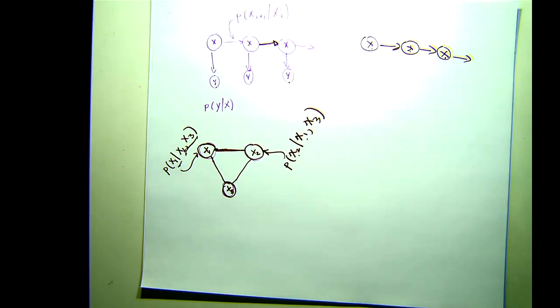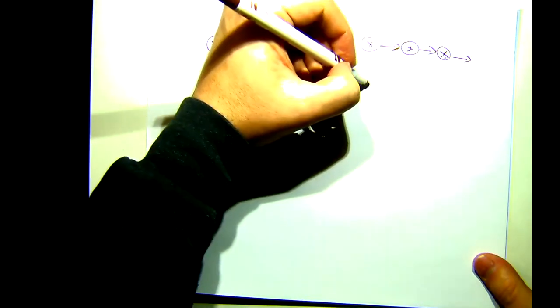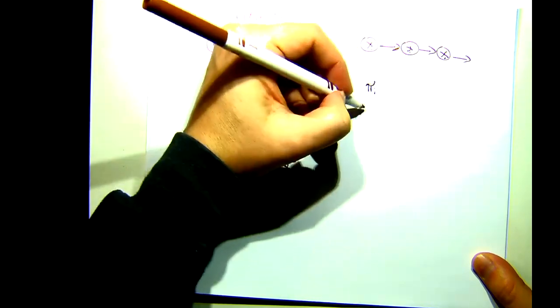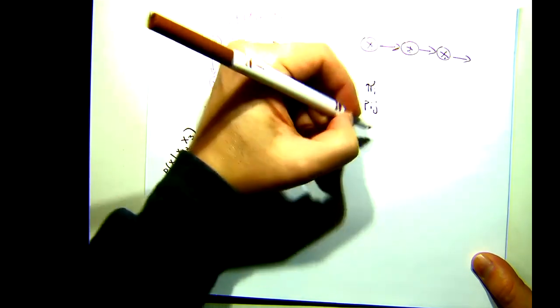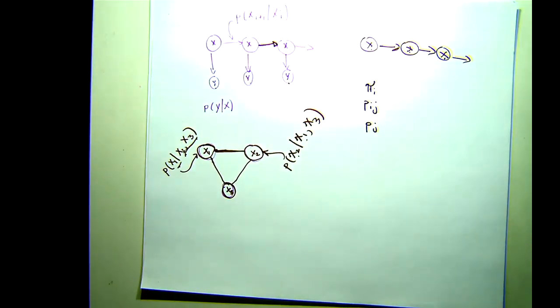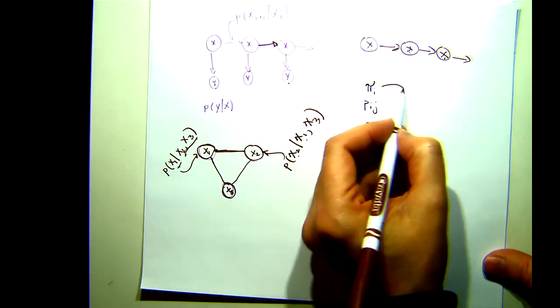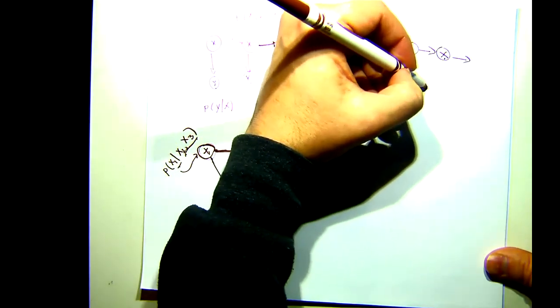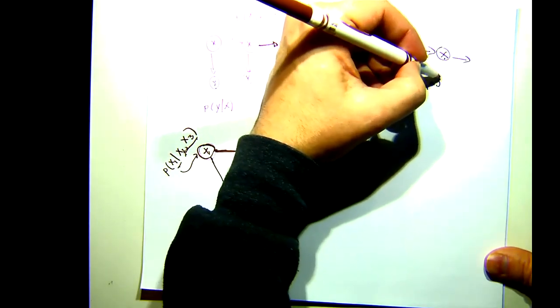You don't have to remember this. There are three things we need to know; for HMMs, those are the three sets of parameters. This is the probability that x1 is equal to some j.